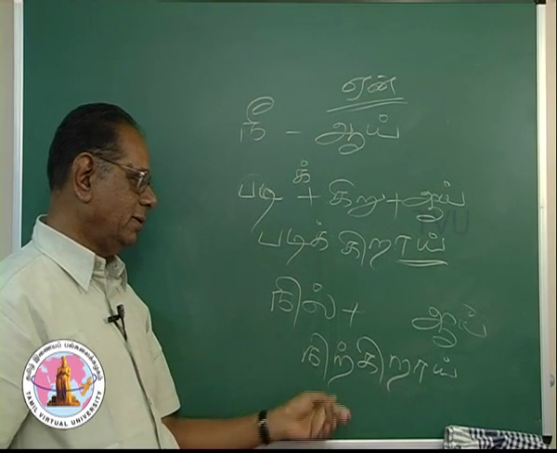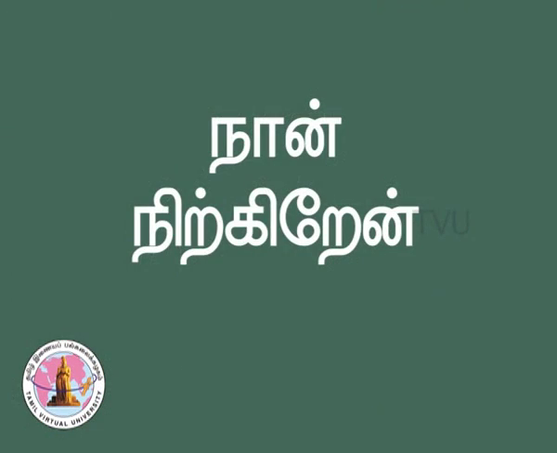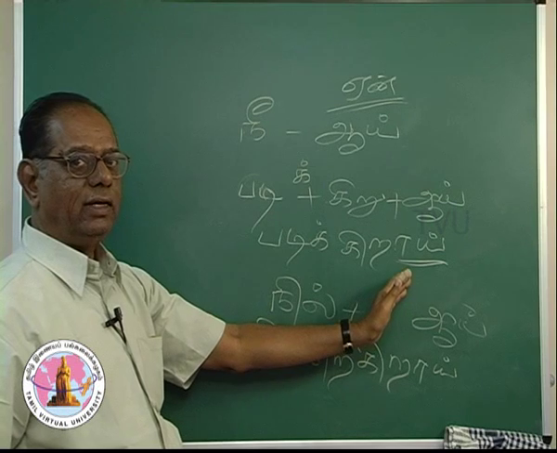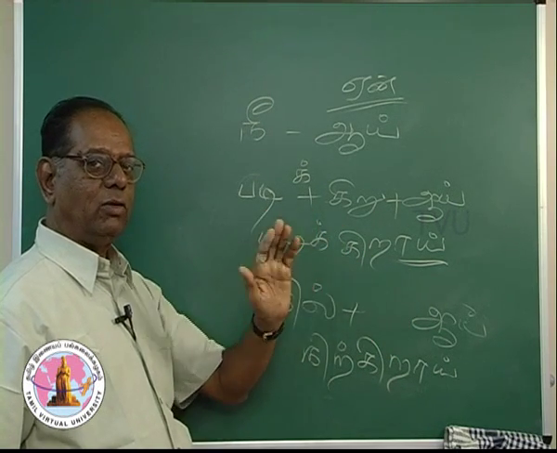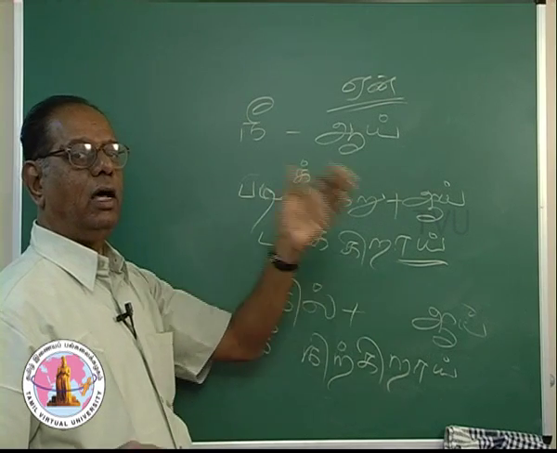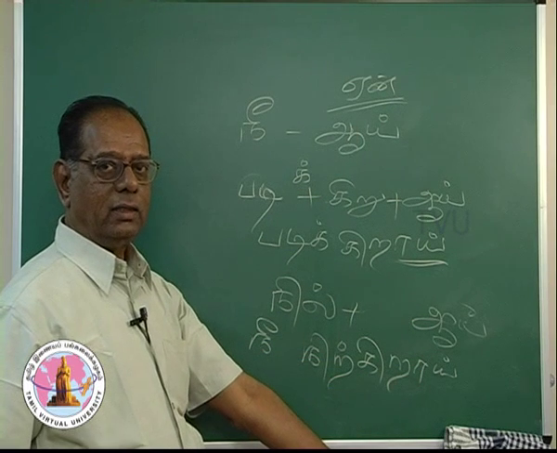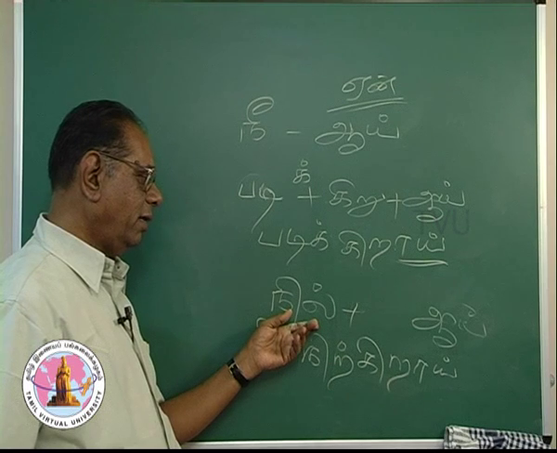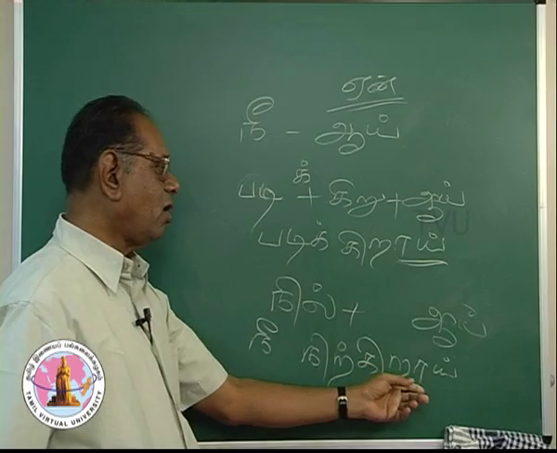Second person singular. நான் நிற்கிறேன், you remember the pattern. You have to change only the person marker at the end of the finite verb. Whether it is first person singular or plural, or second person singular or plural, or third person singular or plural, only the person marker is to be changed. So, in this verb nil, the same occurs and it becomes nirkirai.